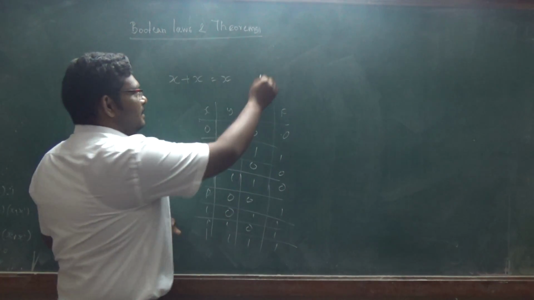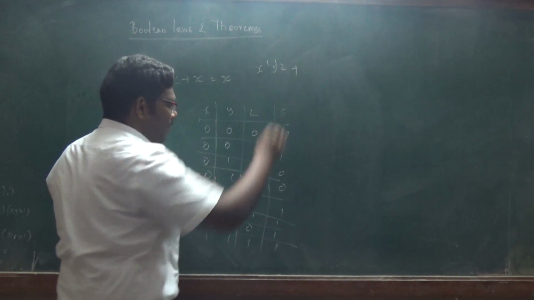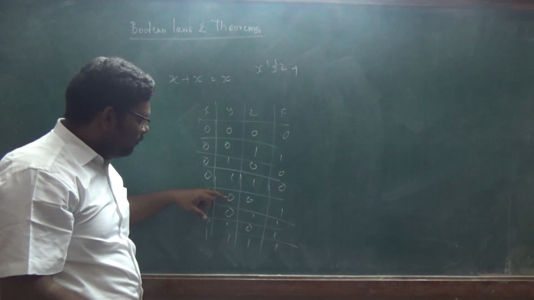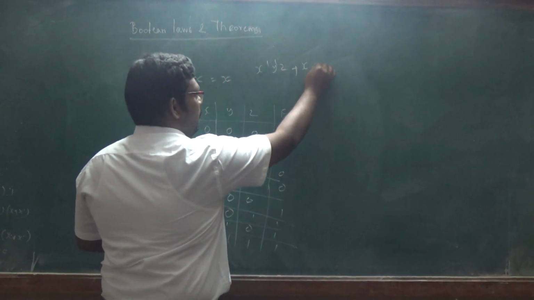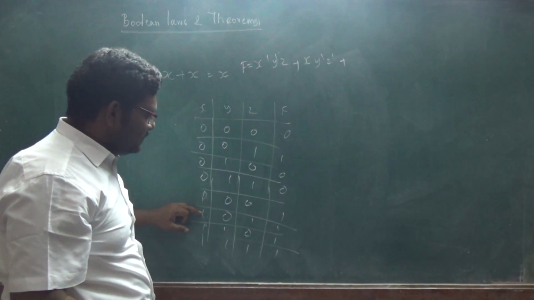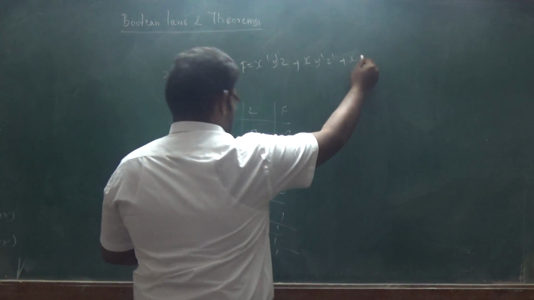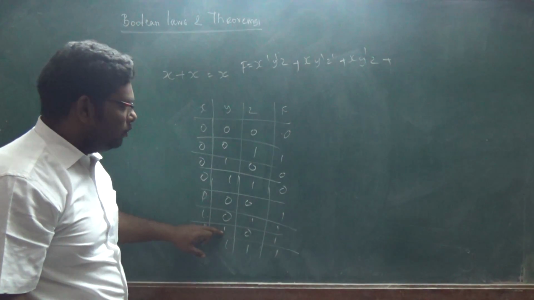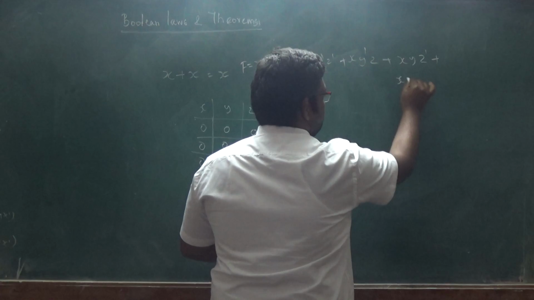The expression is a sum of products: x dash y dash z, plus x equal to 1, y equal to 0, z equal to 0, which is x y dash z dash, plus x equal to 1, y equal to 0, z equal to 1, which is x y dash z, plus x equal to 1, y equal to 1, z equal to 0, which is x y z dash, plus x y z.